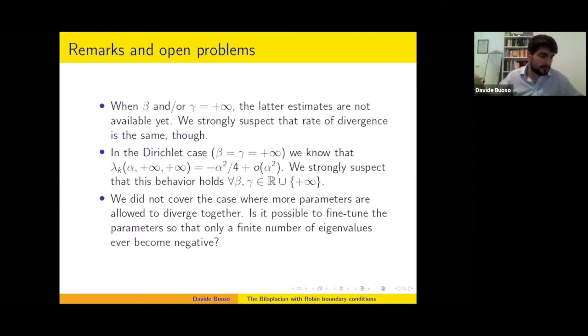But one question that we were thinking about is if it is possible to fine-tune the parameters so that just a finite number of eigenvalues become negative and not all the spectrum goes negative. This may be achieved, for instance, by letting alpha go to plus infinity while beta and/or gamma go to minus infinity in some way.